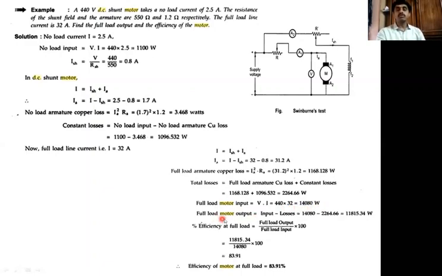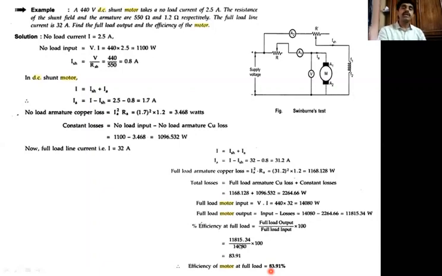What is the full load motor output? Input minus losses. We substitute the input and losses, and will get 11,815.34 watts. Therefore, efficiency at full load is equal to full load output by full load input into 100. Therefore, we got 83.91%.